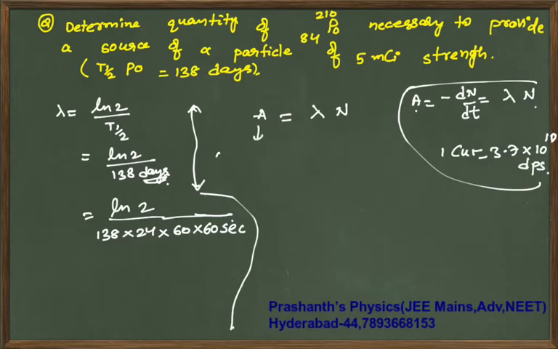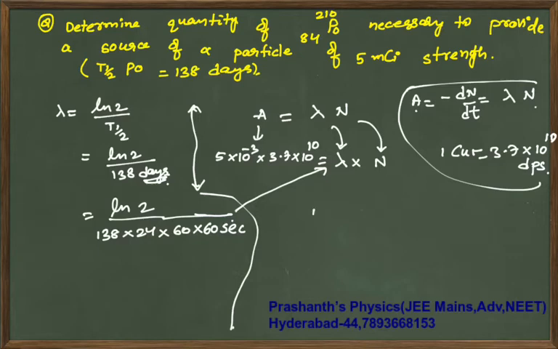So 5 millicurie is 5 into 10 power minus 3 into the curie value 3.7 into 10 power 10, which is equal to your lambda value substituted here, times your N value, which you are supposed to calculate.